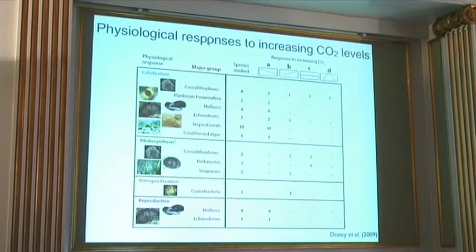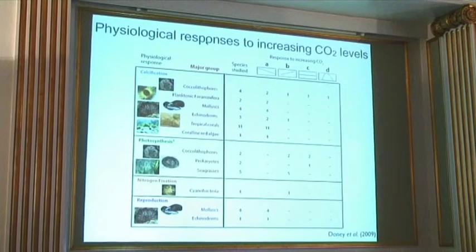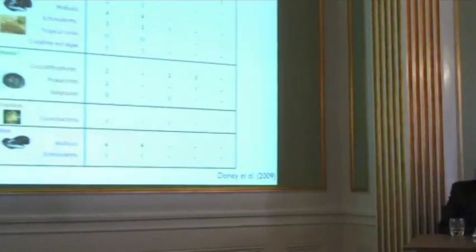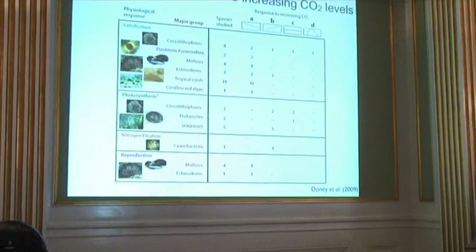This is a summary slide of all the other types of responses that we see in a variety of different organisms. Up at the top, these are the four different responses that you might get. If you put an animal or an algae or plant in high CO2, you might get a decrease in some physiological response.